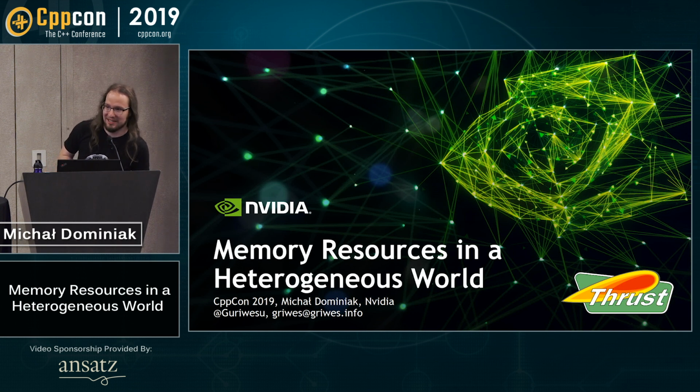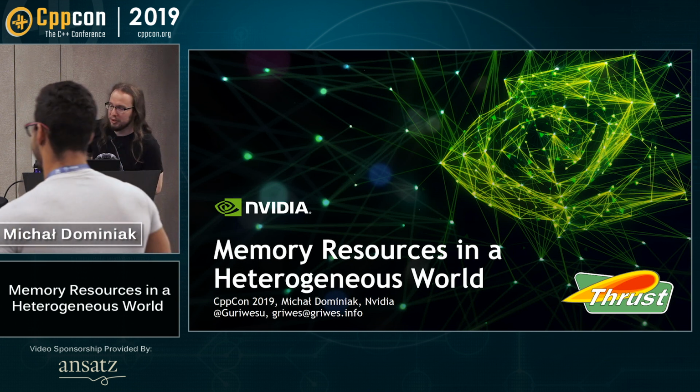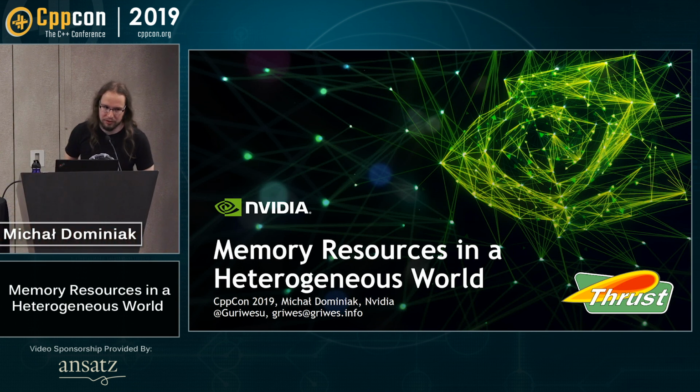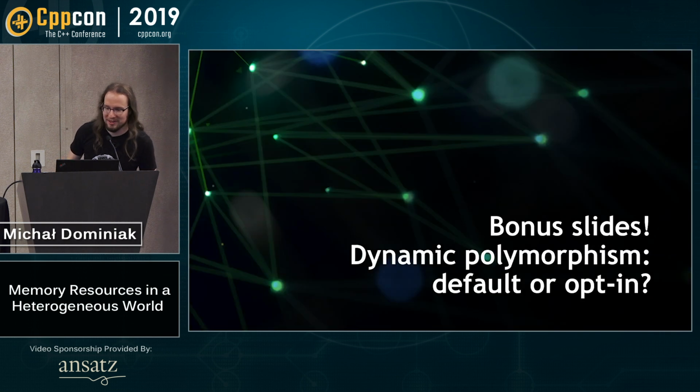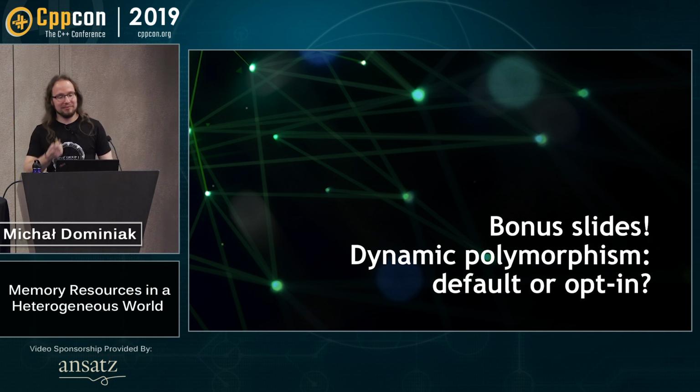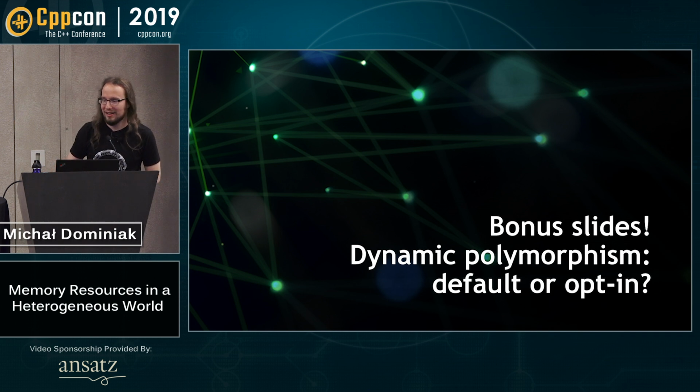Vittorio is asking about the trade-offs between having this all templatized versus using dynamic polymorphism everywhere. And I have bonus slides. I think this gets at what you were asking about. This is a frequent question, right?